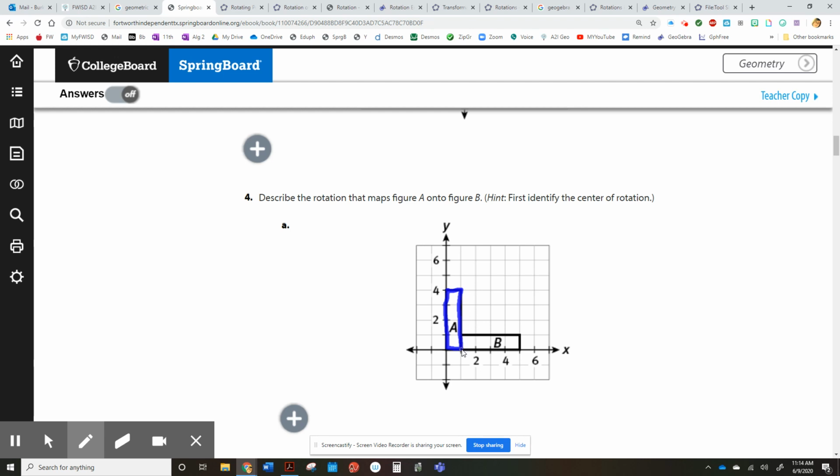And it looks to me like the only piece that doesn't move is that one right there. So the point, which is 1, 0, is on shape A, and 1, 0 is also on shape B. So it looks to me like this is a 90 degree rotation, and they went clockwise.